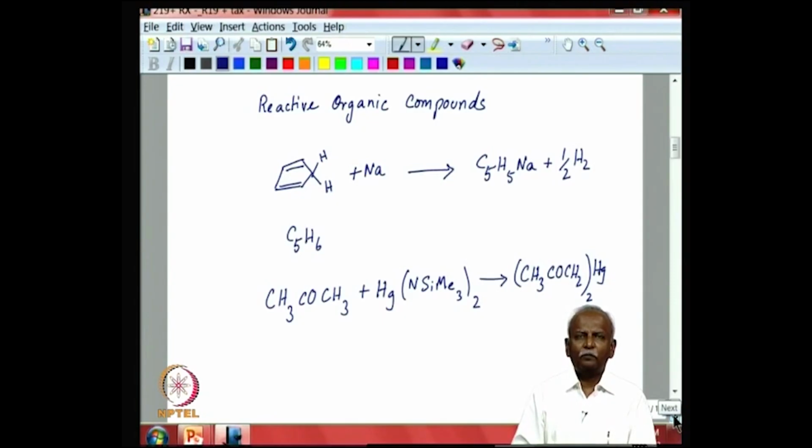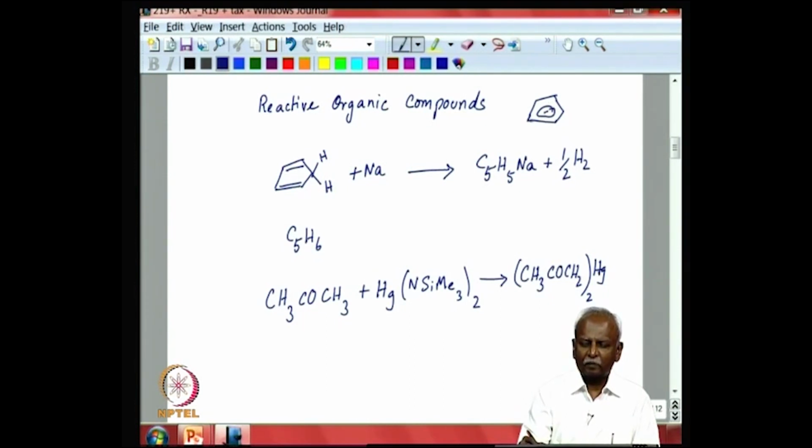So, if we do not have a very reactive metal, we should use a very reactive organic compound. An example for such a reactive organic compound, I have taken cyclopentadiene. Now, you know that cyclopentadiene is easily ionized as H plus and C5H5 minus, and that is because the C5H5 minus ion is aromatic and could be written with a set of delocalized bonds in this fashion with a negative charge.